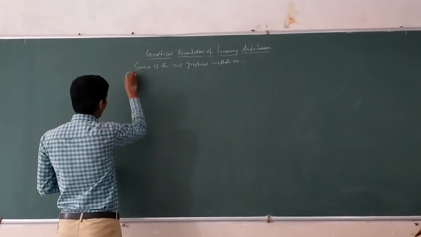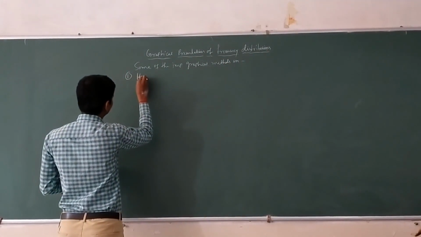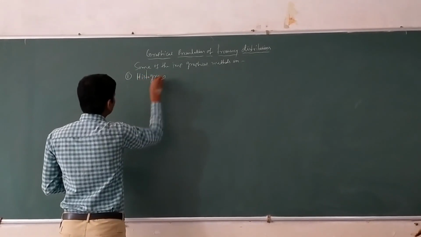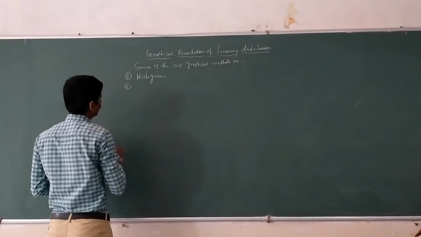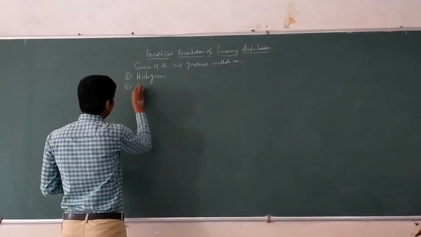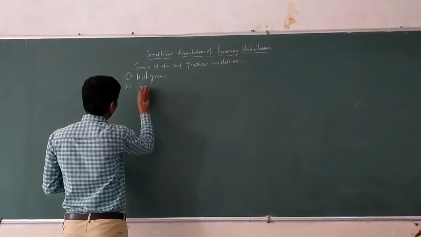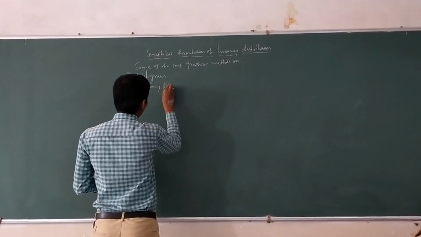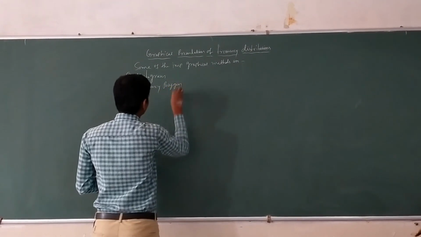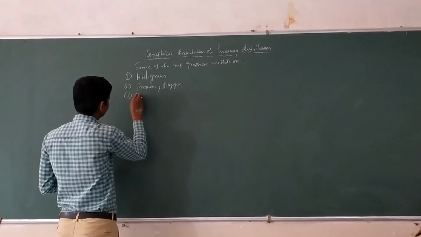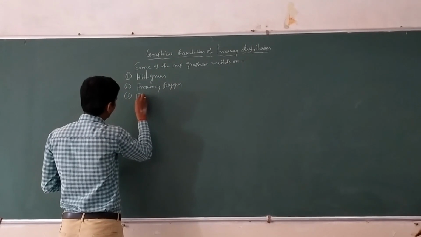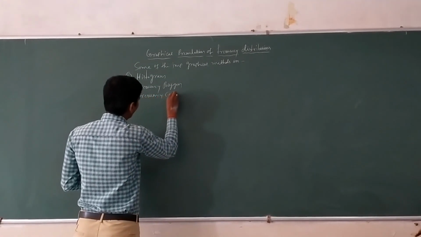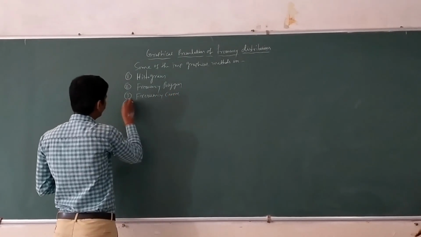One is histogram, second one is frequency polygon, third one is frequency curve, and fourth one is ogives.